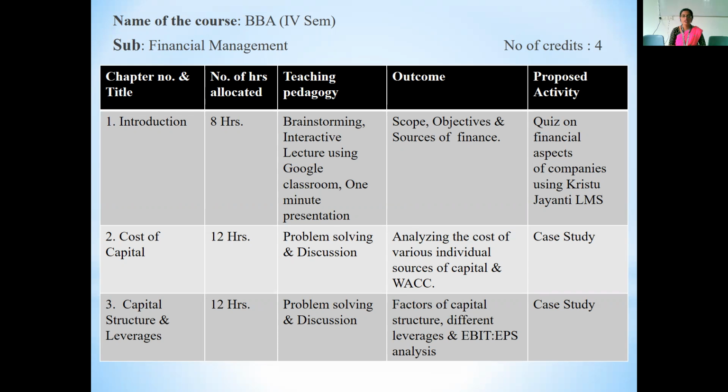In this module on the whole, you will be able to understand the basic general outline of what is financial management and how it functions, and also the importance of financial management and why you learn financial management.